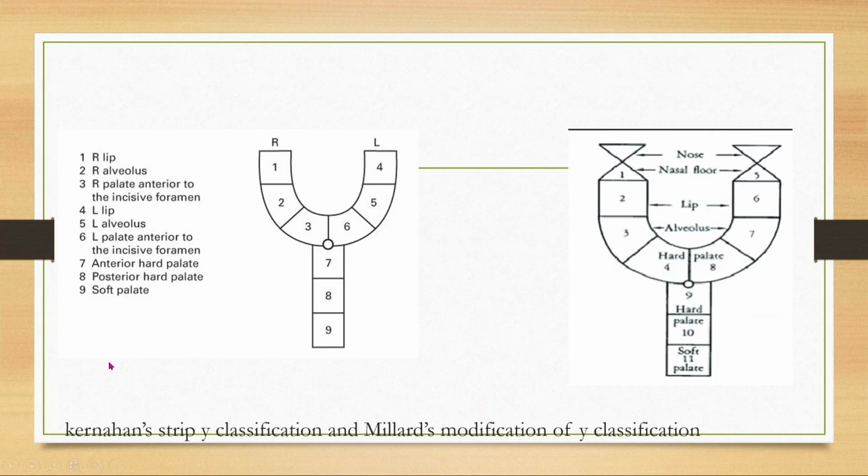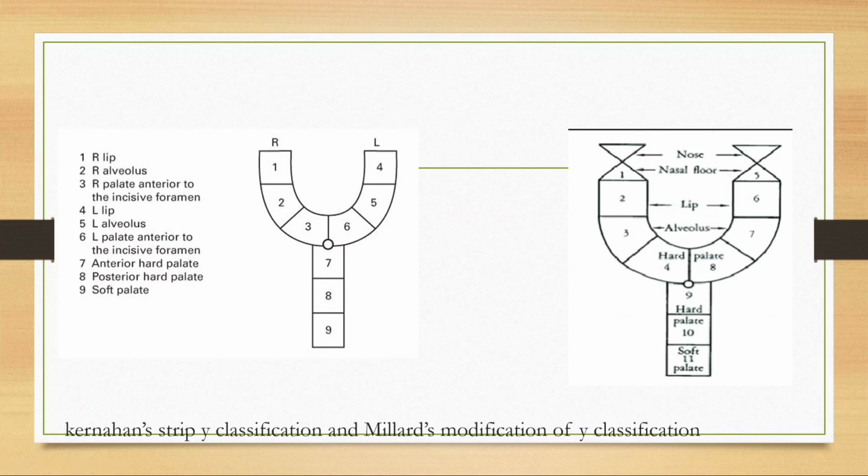So this is Kernahan's striped Y classification and Millard's modification of the Y classification. It looks like a Y. So we have lip, alveolus, palate anterior to the incisive foramen. Again, lip, alveolus, palate anterior to incisive foramen, right and left.